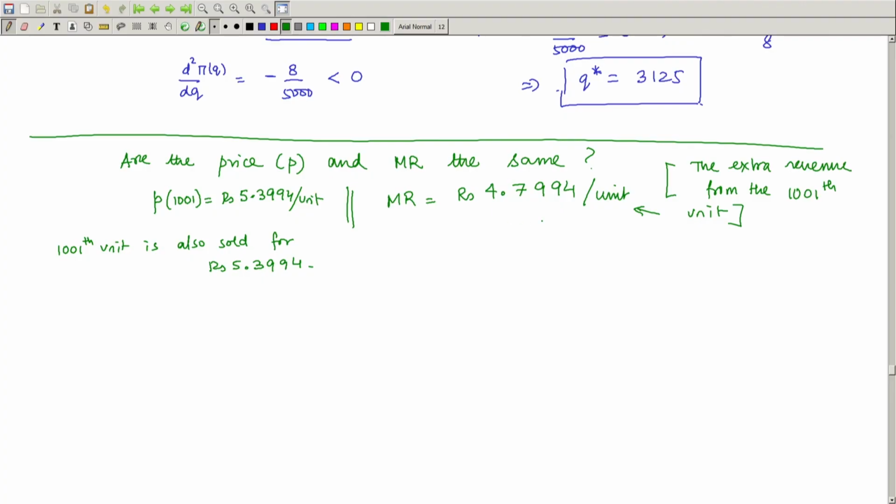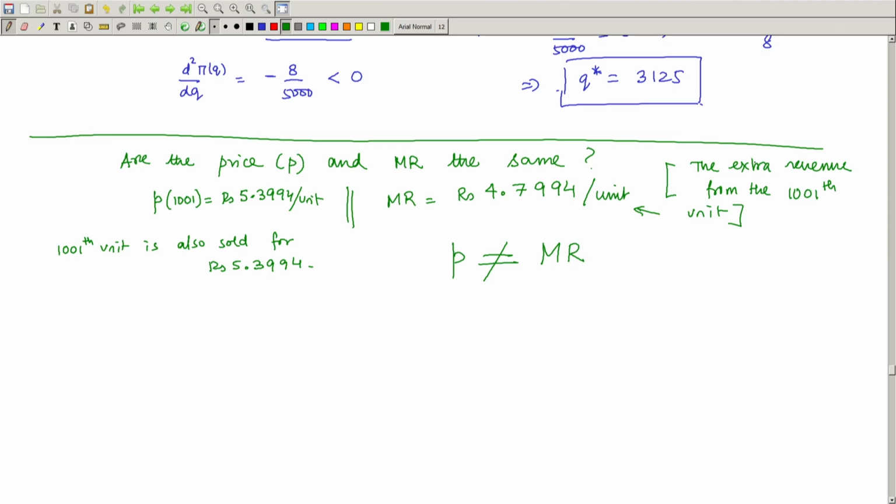However, the change in revenue that the firm experiences is only 4.7994. The extra revenue that you get from the 1001th unit is only 4.7994. So, price and marginal revenue are not the same.